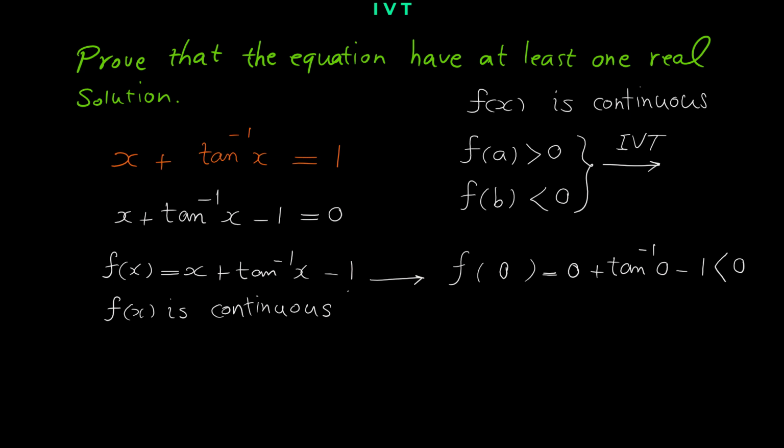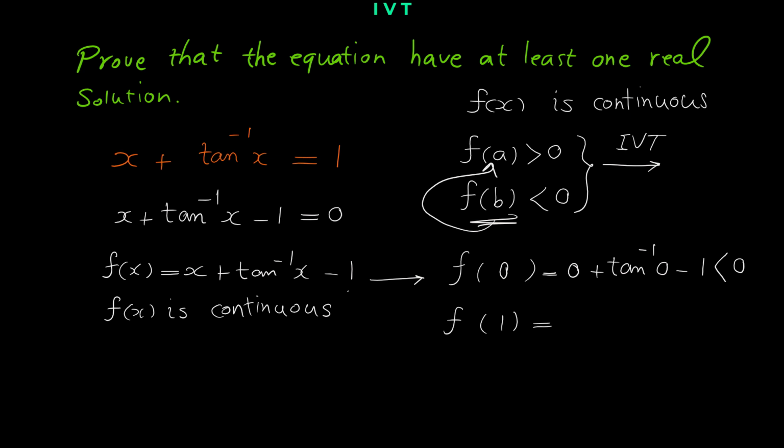Now we have to look for a number as b, actually as a, to make the function positive, because we found a number that makes the function negative. For example, let's try 1 as the first guess to see what happens. If it doesn't work, we can try other numbers.